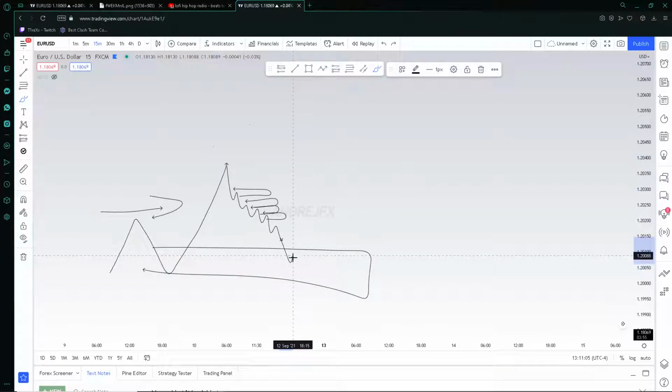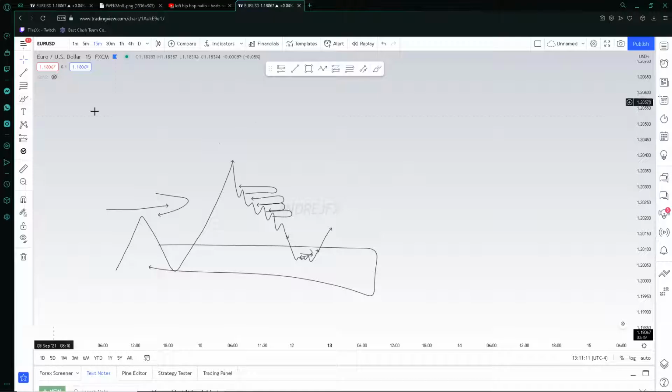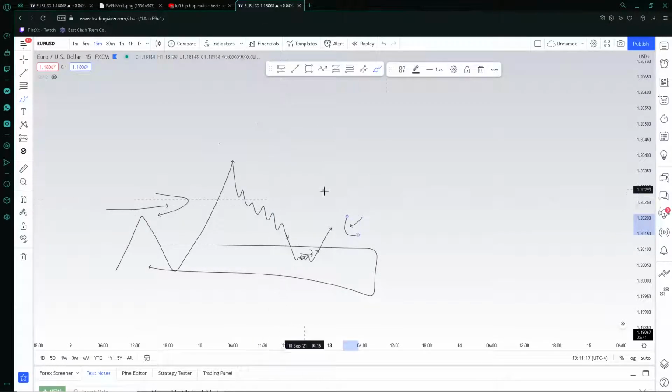But when we do, and when we see the minor break of structure in this higher time frame zone, we want to see reversals, and all this is being liquidity. But that's not to say that these zones, after the break of structure that happened right here, may not hold.